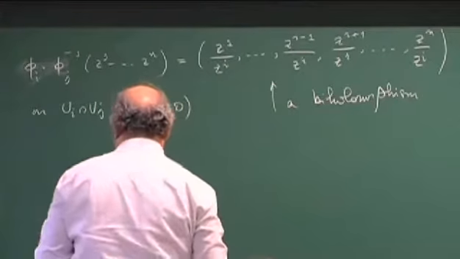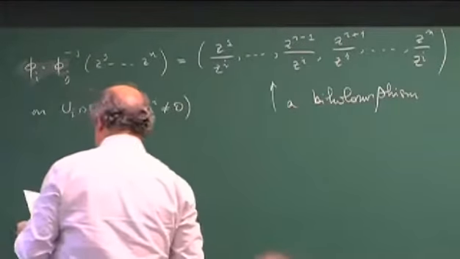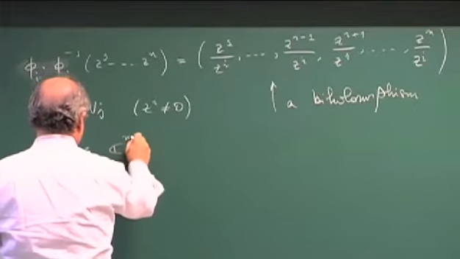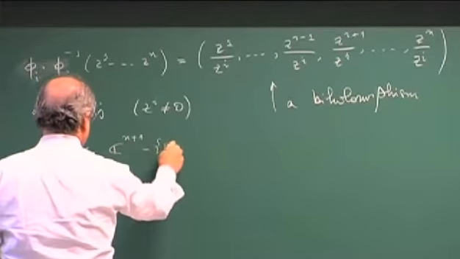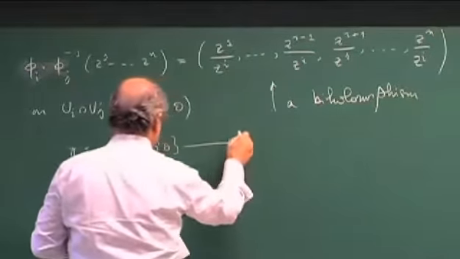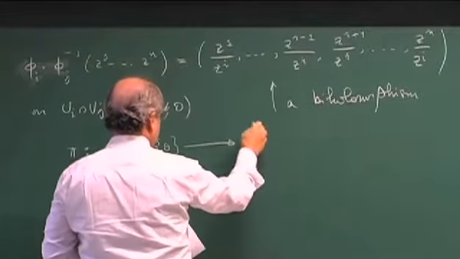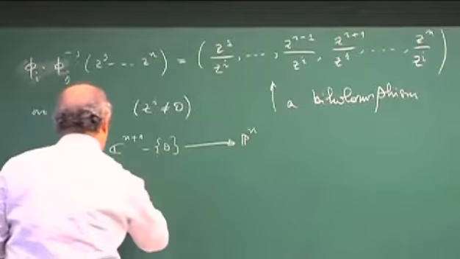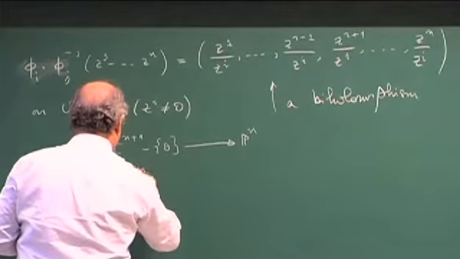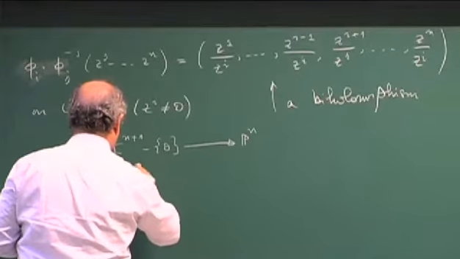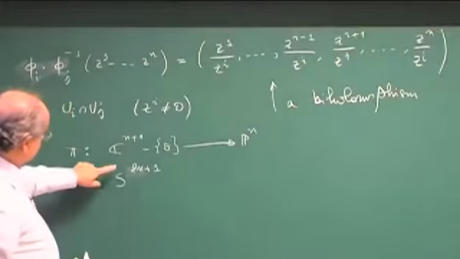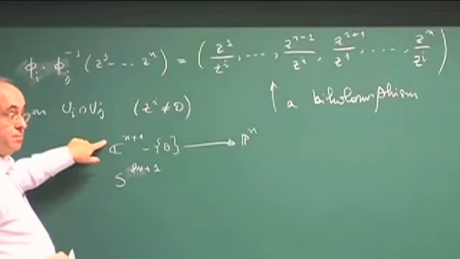We can add a few comments on this. So we have our projection. And in particular, the sphere S^(2n+1) sits here.